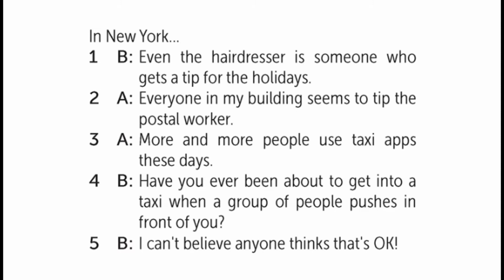The same way for number 2, the word everyone is followed by the verb seems in the third person singular. When we talk about someone, everyone, no one, anything, something, these are indefinite pronouns and they are followed by the verbs in the singular form, right?